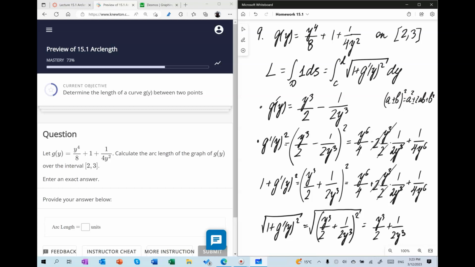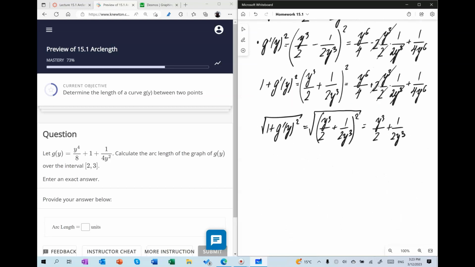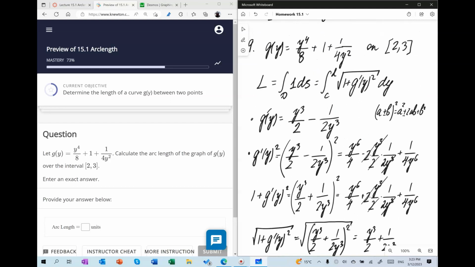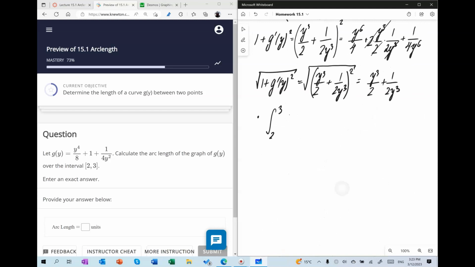And that's our integrand. So we're gonna set up the arc length as the integral from 2 to 3, I believe, of y cubed over 2 plus 1 over 2y cubed dy.